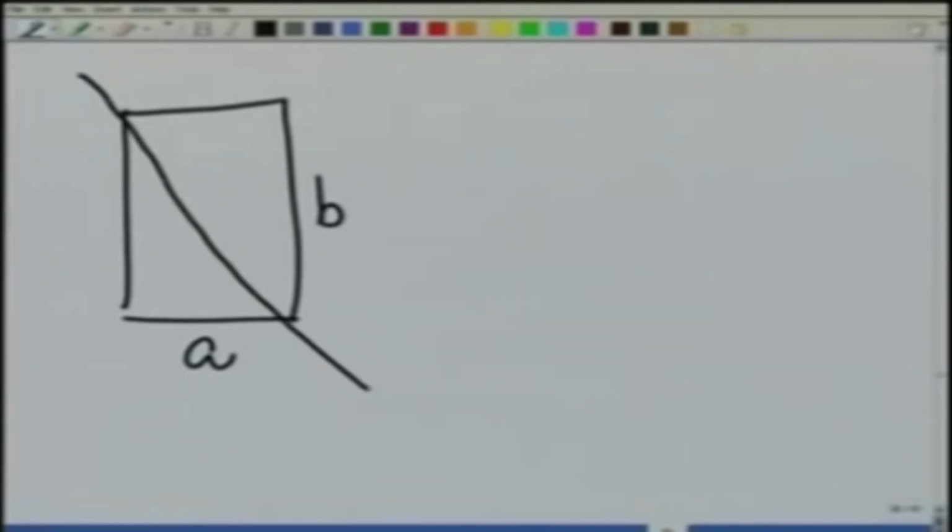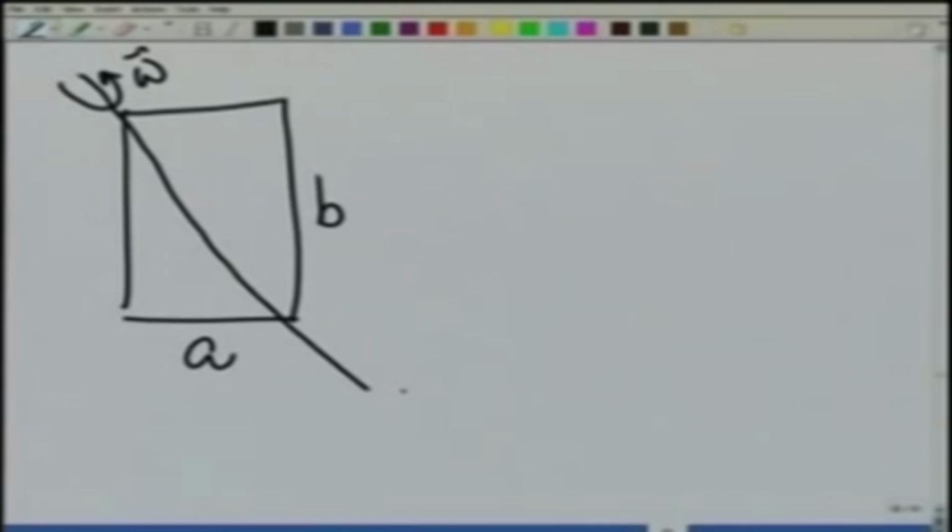As the next example, let us take a rectangle of width a, length b, and let it rotate about one of its diagonals with speed omega. I want to find its angular momentum.